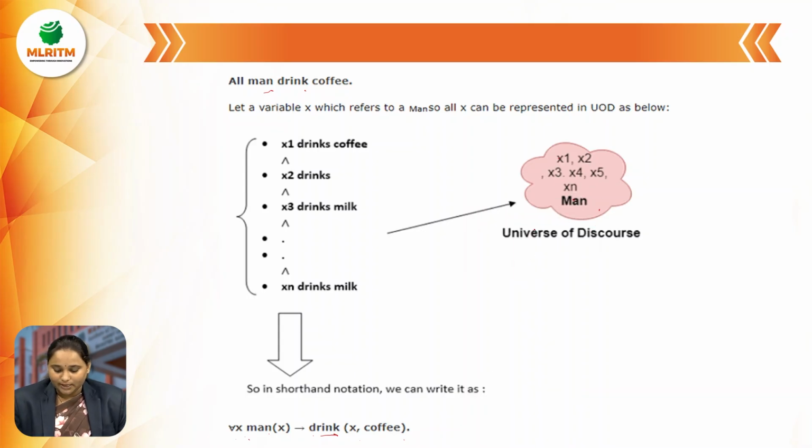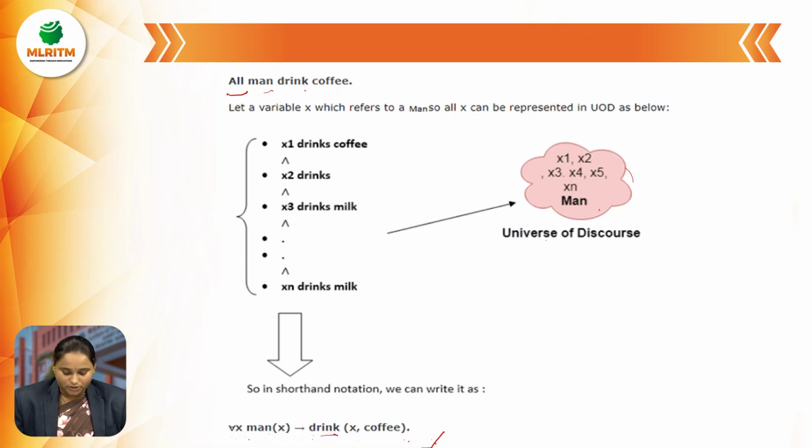The scope or range is the universe, so we are using the universal symbol. Next is: for all X, man(X) implies drink(X, coffee). This is the representation.